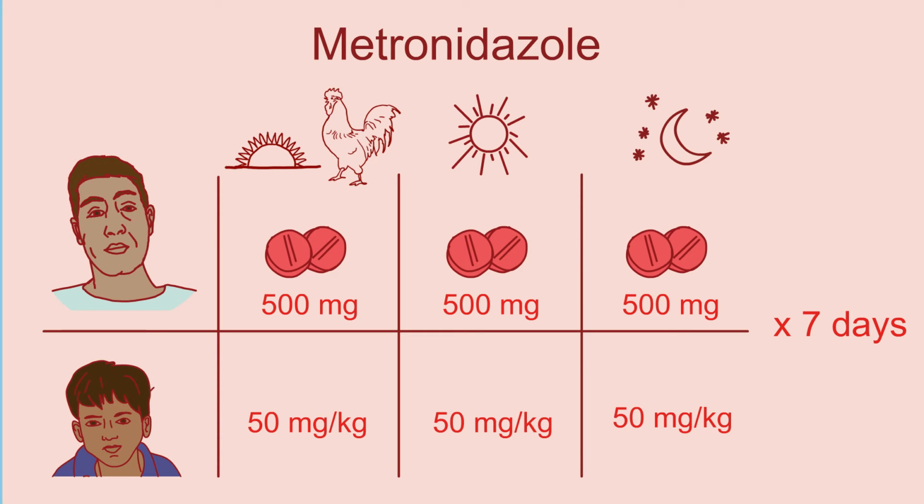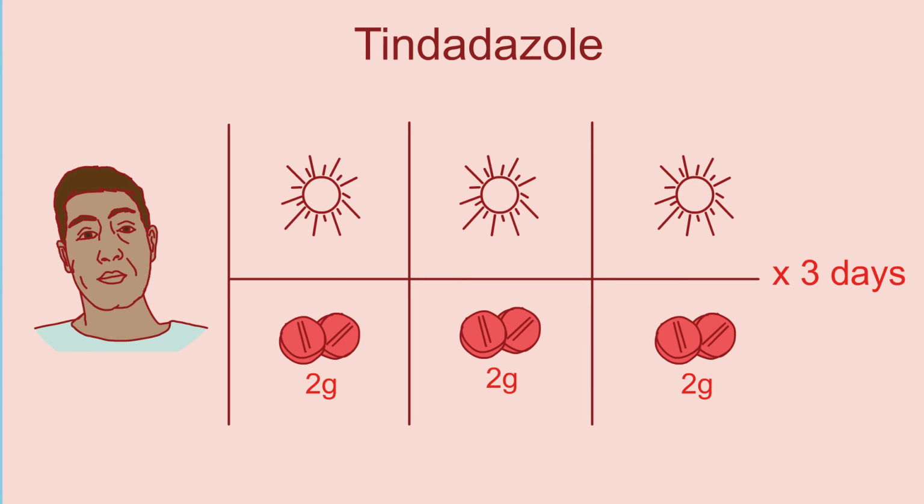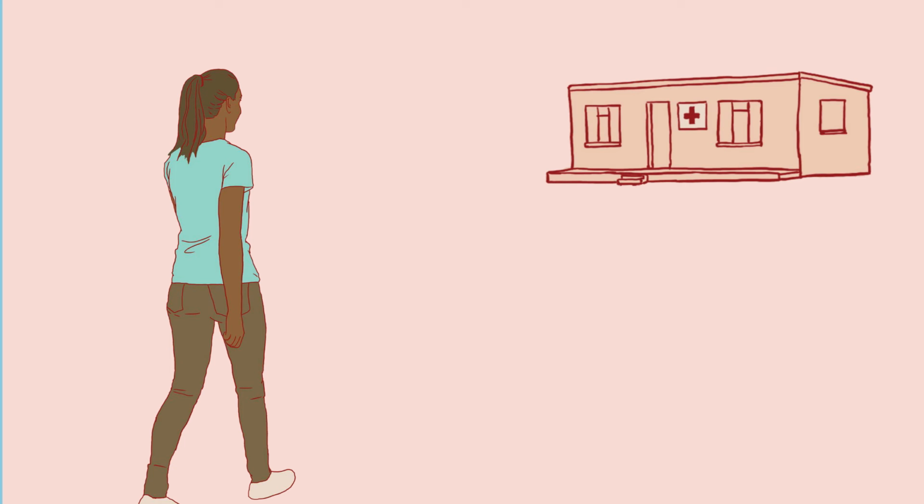The dose in children is 35 to 50 mg per kg per day in 3 divided doses for 7 to 10 days. Alternatives to metronidazole include tinidazole 2 grams daily for 3 days. Remember to have your patient come back in 2 days for follow-up.